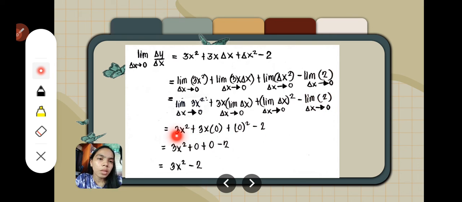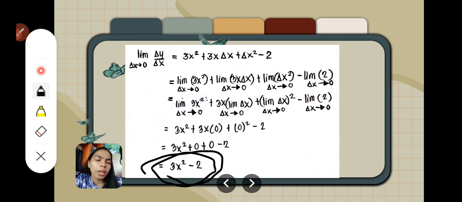The equation will be 3x squared. Then we substitute delta x approaching 0: 3x times 0 plus 0 squared minus 2, so 3x squared plus 0 minus 2. The final answer will be 3x squared minus 2.